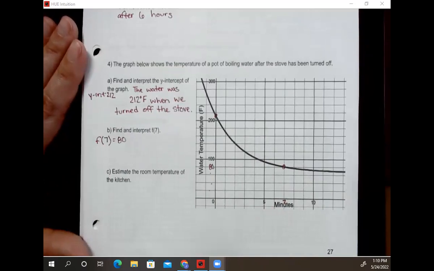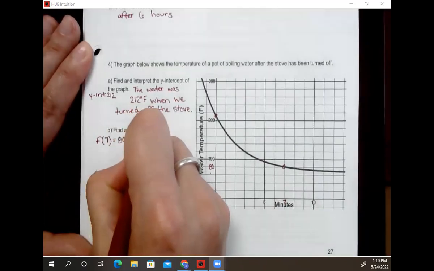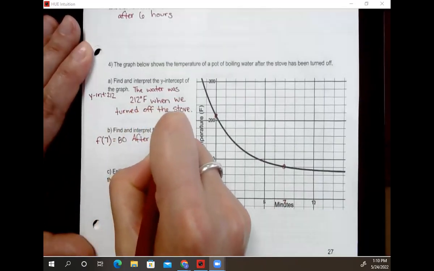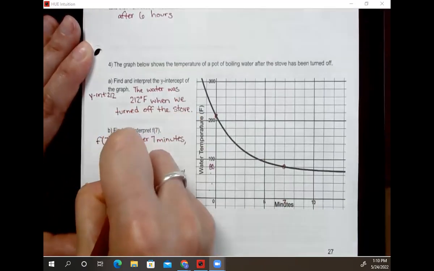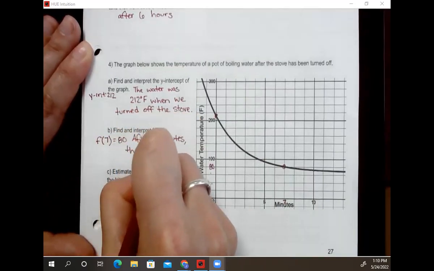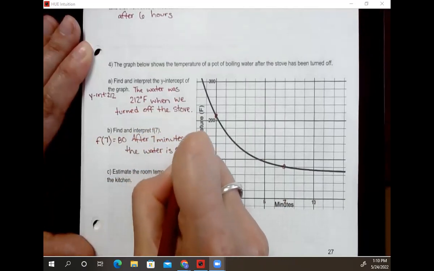So what would this mean in the context of our problem? After 7 minutes, the water is 80 degrees Fahrenheit.